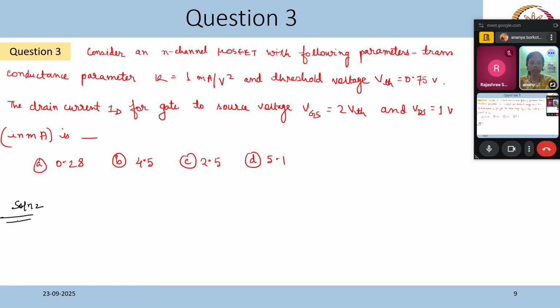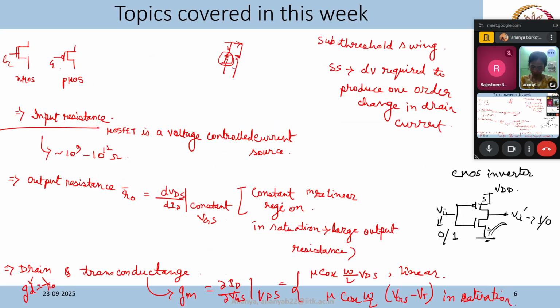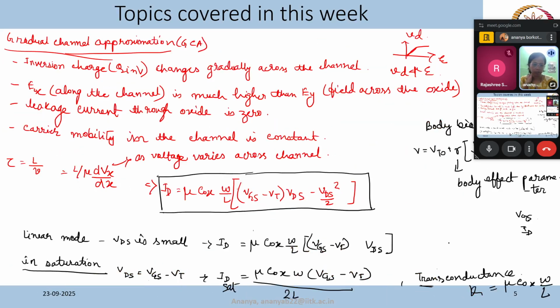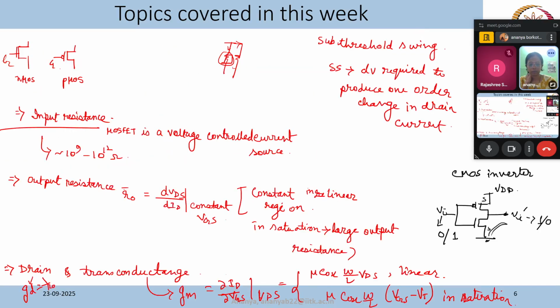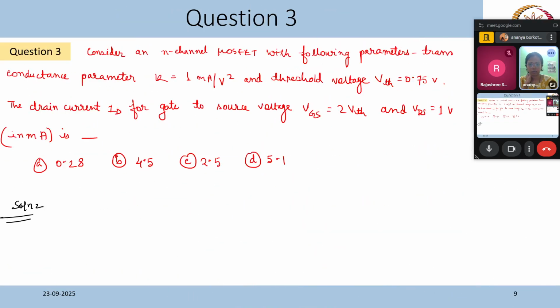What is the transconductance parameter? This is mu COX W by L. So we know that our expression for ID is mu COX W by L, (VGS minus VT) into VDS minus VDS square by 2.